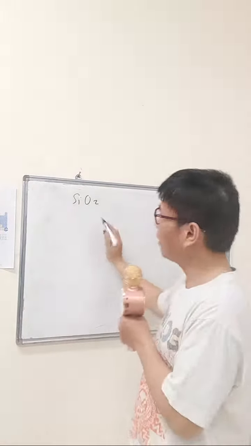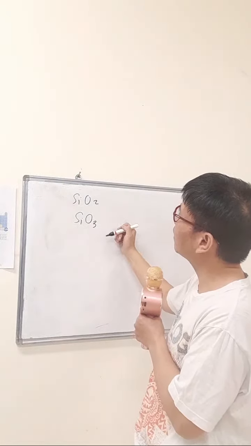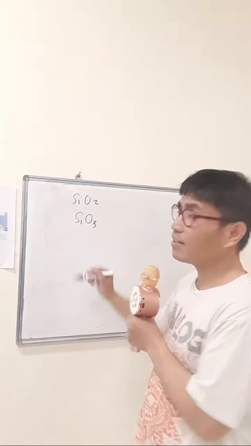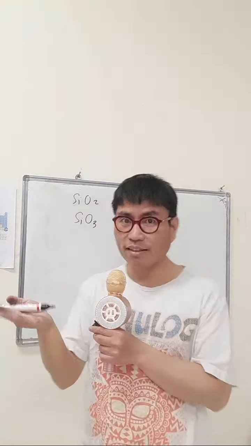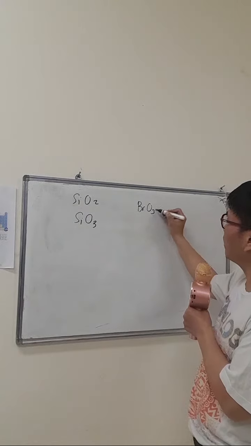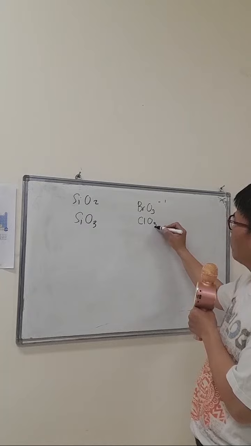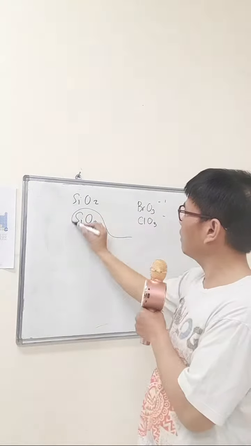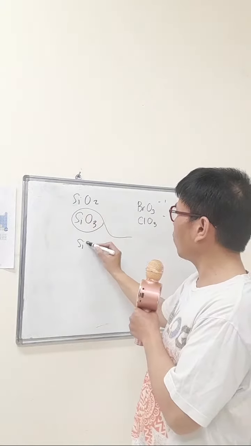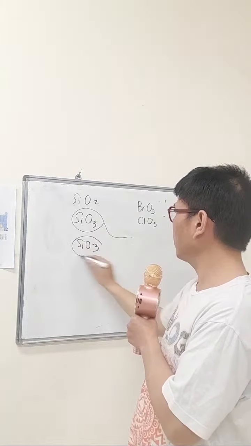Silicate is SiO3. Why? The same as bromate, BrO3 negative 1. Chlorate, ClO3 negative 1. Here comes the silicate, meaning to say, SiO3. You get the point?